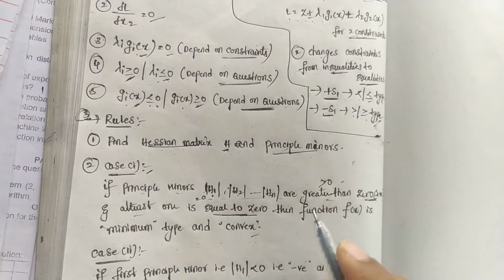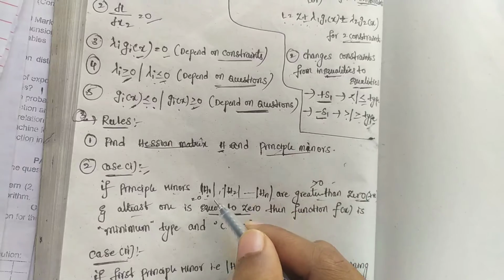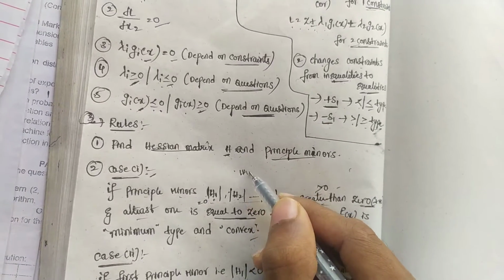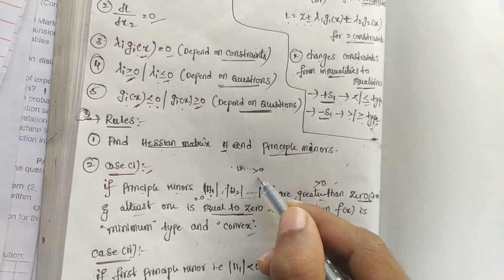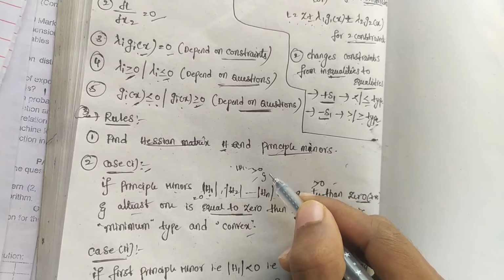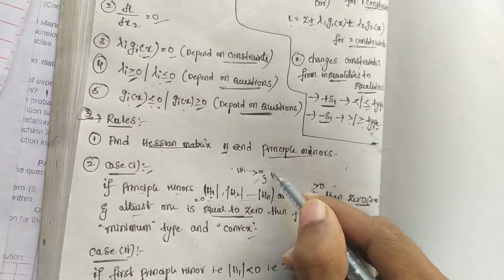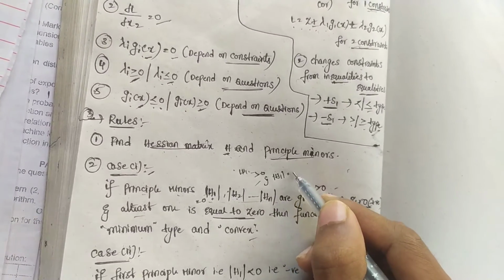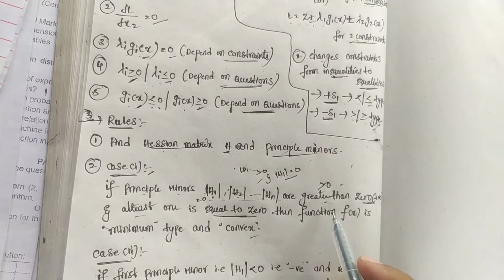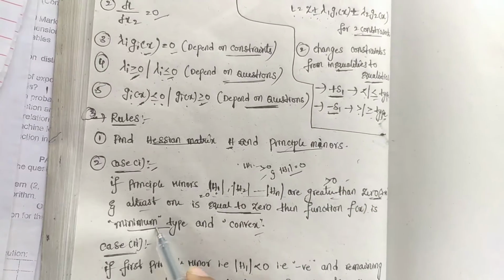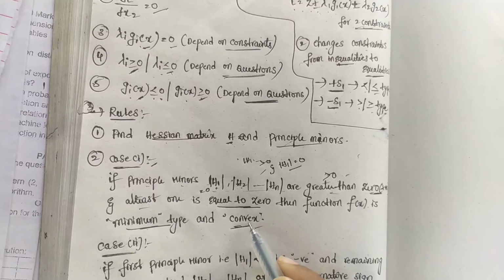This condition means all of mod h1, h2 are greater than 0, and also at least one equals 0. Then this function is called minimum type and convex.